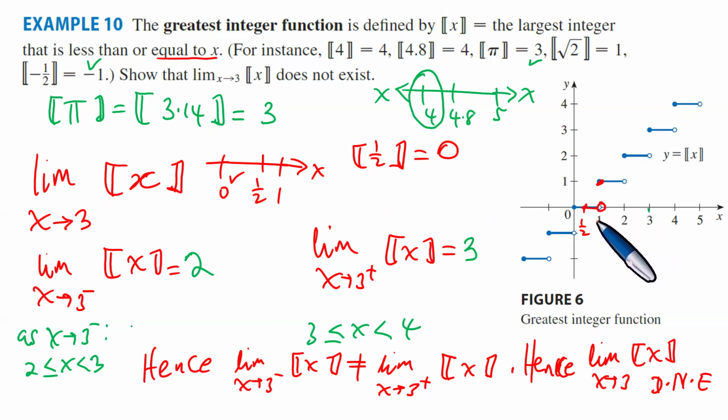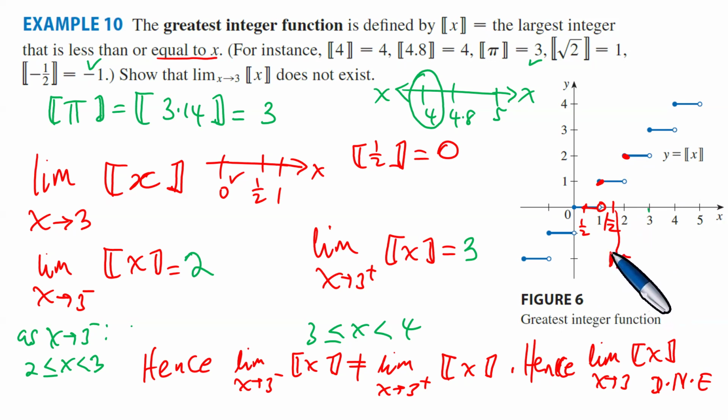And whenever x is 1, the function is 1. Whenever x is 2, the function is also 2. So it is not 1, so this is an open one. But let's look at 1.5, like here at this point. You agree?